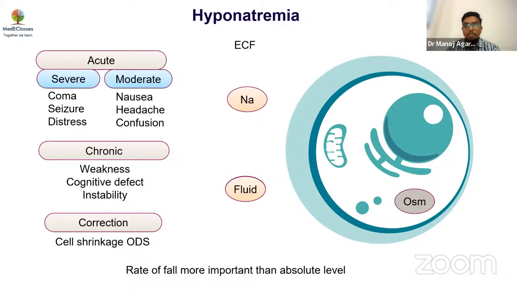Acute severe means there is coma, seizures, whereas moderate can sometimes come to the OPD also with nausea, headache. But chronic symptoms, which are most common in the OPD, can be weakness, cognitive defect without any cause, and you do a sodium and it comes low. At that time, treatment should be well thought of. If it is acute severe, give the 3% NaCl. In chronic, be very careful because it can lead to ODS and cell shrinkage can occur.